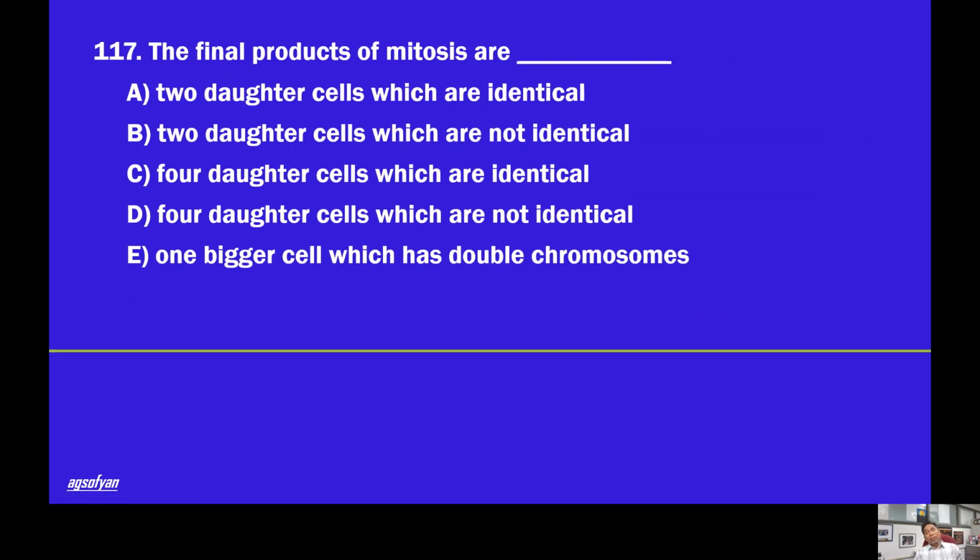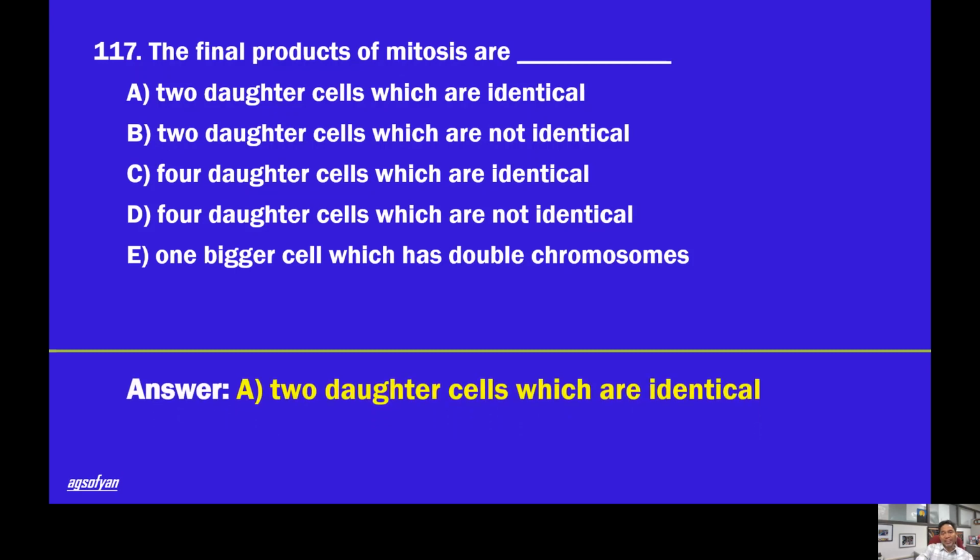117. The final products of mitosis are: 2 daughter cells which are identical, 2 daughter cells which are not identical, 4 daughter cells which are identical, 4 daughter cells which are not identical, or 1 bigger cell which has double the chromosomes. Choose your answer. Yes, the answer will be 2 daughter cells which are identical.